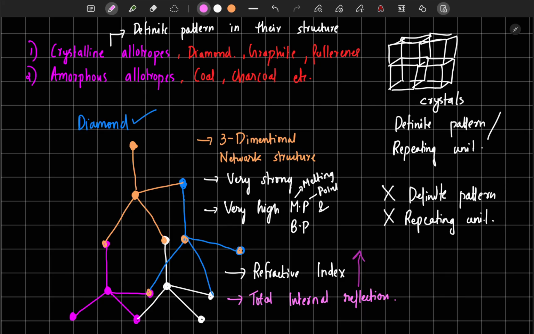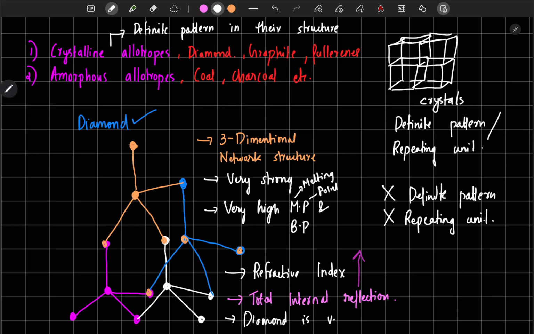That means the refracted ray will come back into the same medium. So whenever a light beam enters a diamond, it will not come out of the diamond, it will undergo total internal reflection inside the diamond. That is why we see diamond as very bright, very shiny.